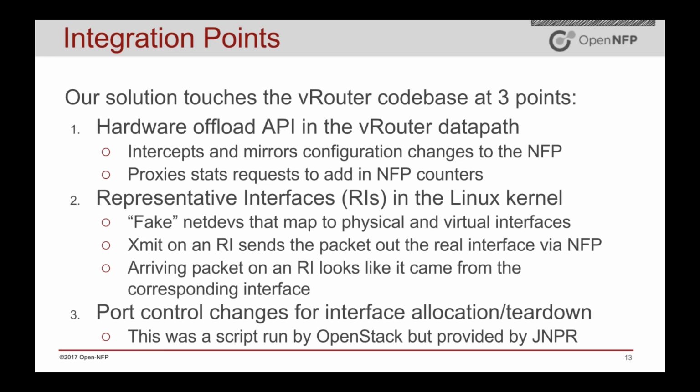Again, we kept that very thin and absolutely hardware neutral. That API is an example of code that has been upstreamed into OpenContrail. The implementation, which Chris will get into next, is covered in our corresponding kernel module. So that was the first integration point.